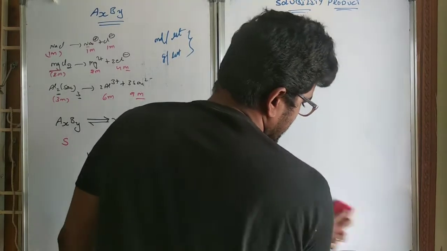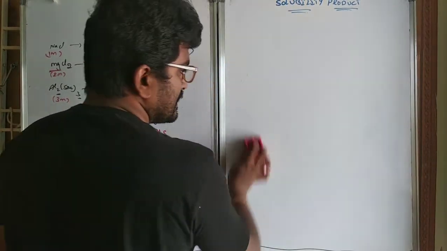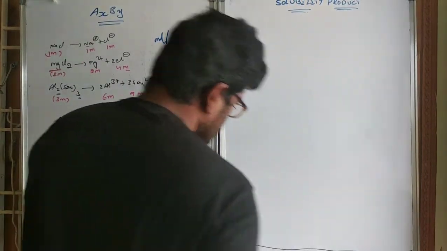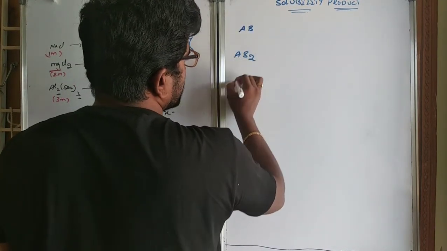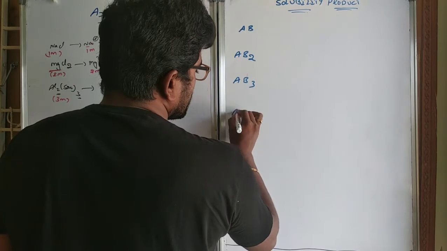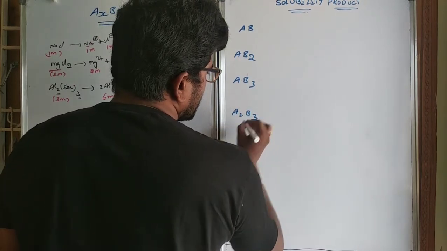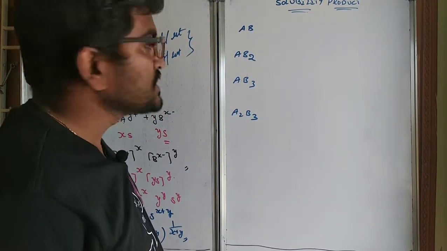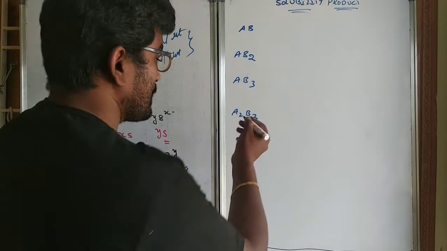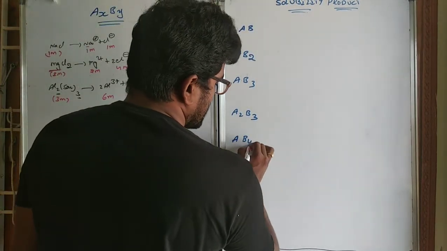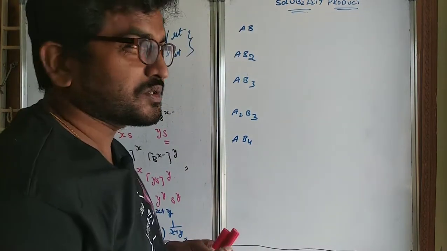Let us take different types of salts and see the things. Take AB type of salt, AB2 type of salt, AB3 type of salt, A2B3 type of salts. These are the major types we can be having. Or you can take AB4 type of salt also.